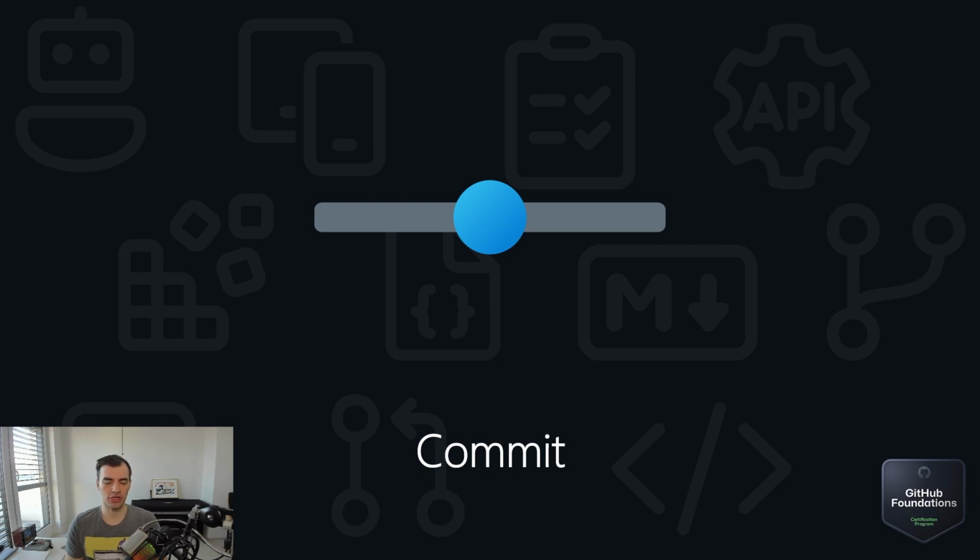And when you commit the changes into Git, it generates a unique ID that represents this snapshot of your project in time. So later in the future, you can always go back to this specific commit and see how your files looked at that point in time.